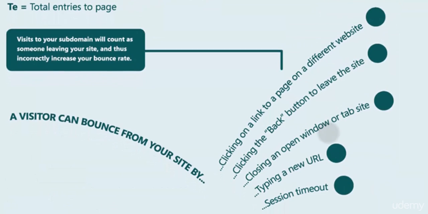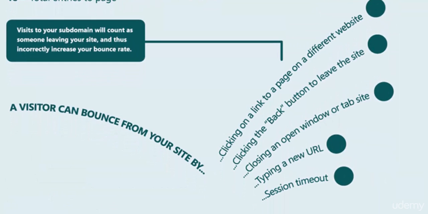So, what are all the visits which are counted as bounced? Let's assume that a visitor is visiting your website from Google search result. If he clicks on a link to a page on a different website, then he is considered as bounced back.